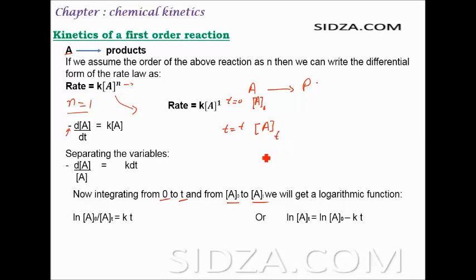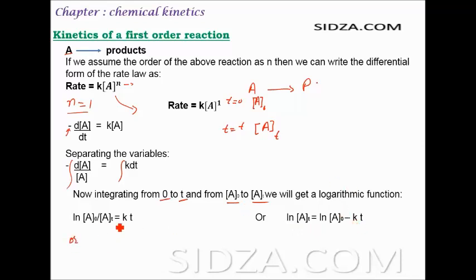Between these two values, when we integrate this equation, you get ln of initial concentration by concentration after time t is equal to kt. Okay, fine.